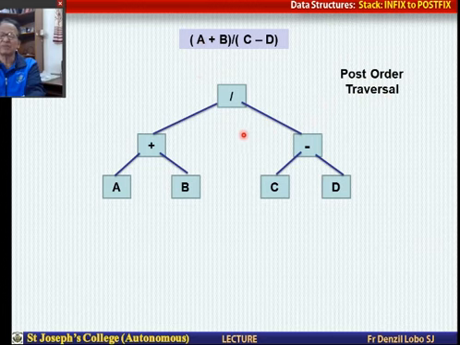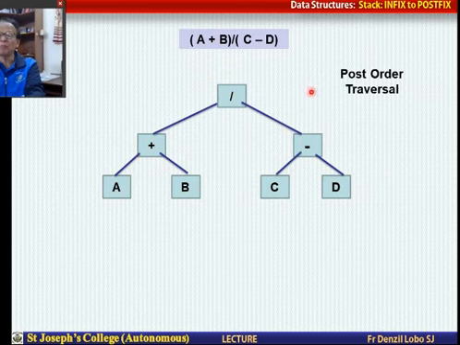First you have to generate this tree. It's very simple. So a plus b. All the operators become the root node of the tree. As you see here, A, B, then plus. Then you have C, D, minus. So this one divided by this.